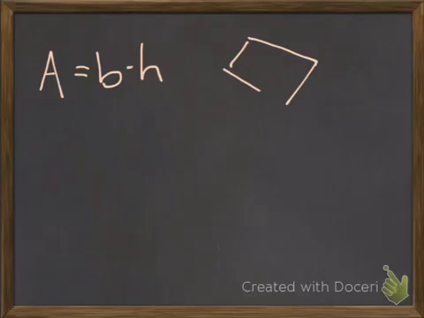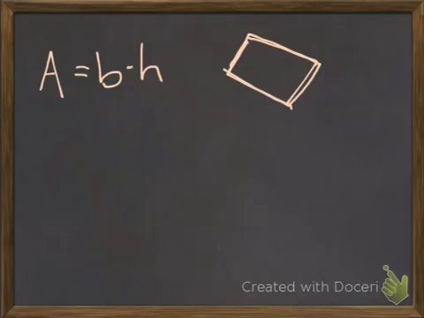If we remember our formula for finding the area of a square or a rectangle or a parallelogram, it's going to be area equals base times height. So if I have this parallelogram, I don't have my stylus today, so bear with me on my images.